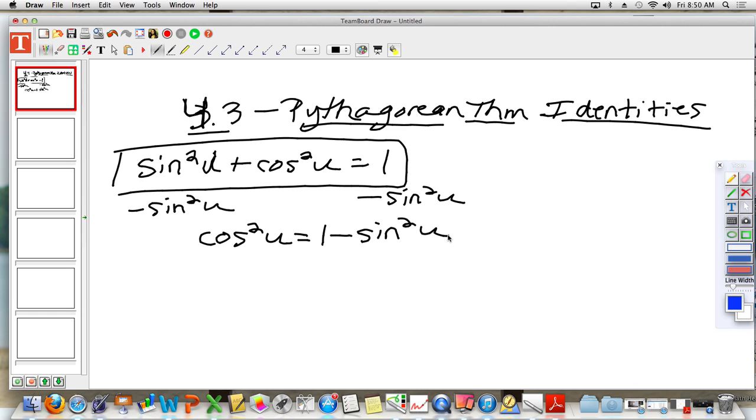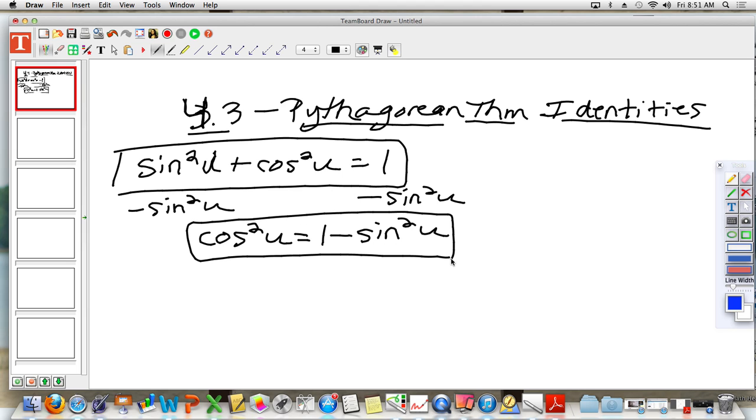Are you okay with that? All I did was just subtract. You guys will see where I'm going with this in a minute, but can you accept that? If I just take the sine squared and move it to the other side, I would have 1 minus the sine squared of u. Okay? Put a box around that. That's going to be good information.